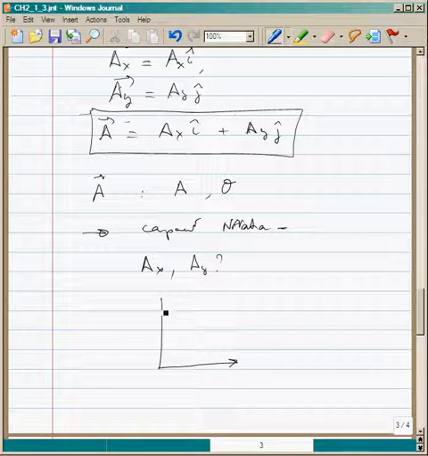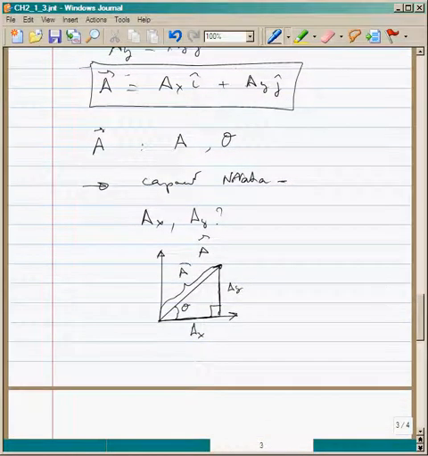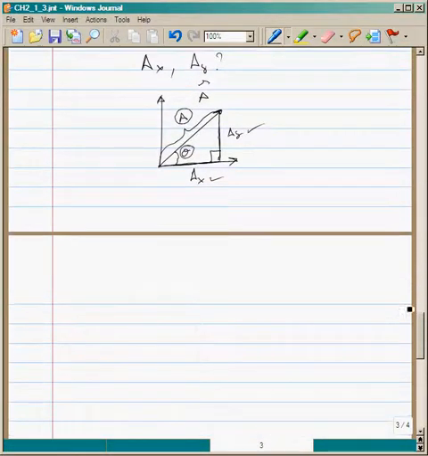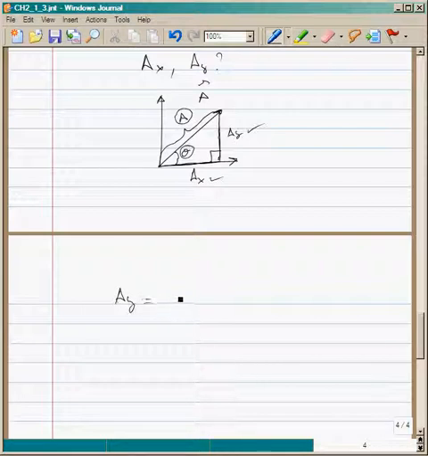If you redraw your little vector in your coordinate system, you will see easily that this length and this length create a right triangle. This is AY, this is AX, this is your angle theta, and this is your magnitude A. Therefore, if you know A and theta, you can deduce AY and AX using the sine and the cosine. So AY is defined as A sine theta, AX is defined as A cosine theta.